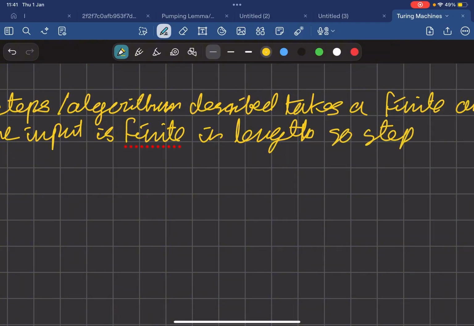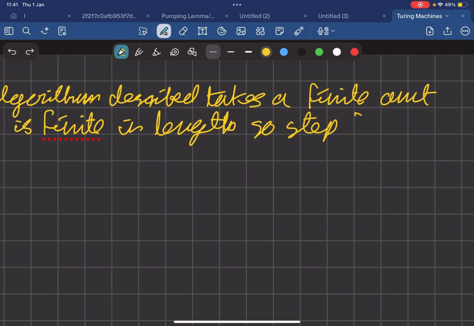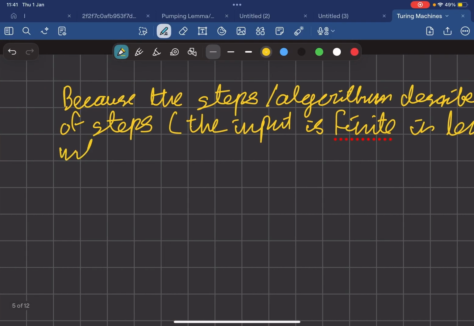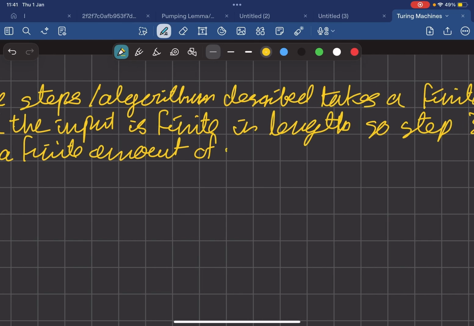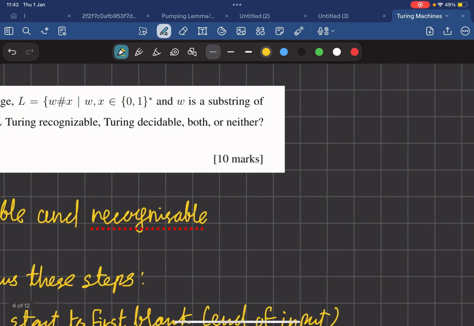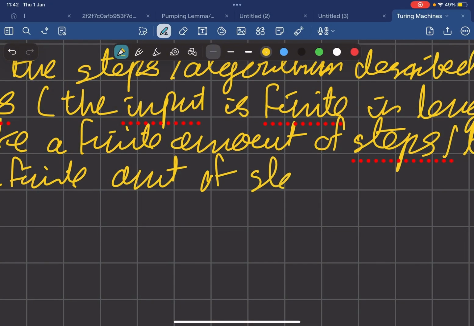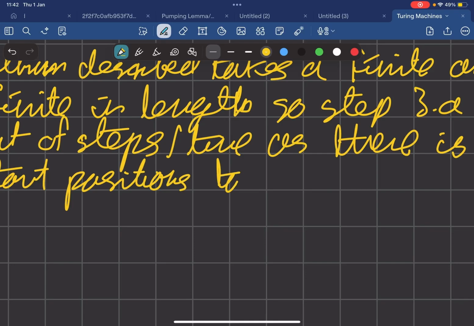So step 3.a will take a finite amount of steps or time, as there is only a finite amount of possible start positions to iterate through.